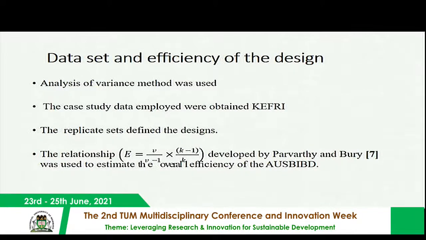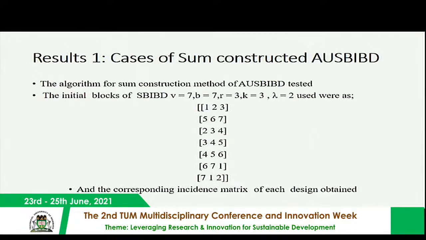Then we subjected this to an efficiency test by that equation, and also moved further to get the relative efficiency based on the analysis of variance tables that were generated and the degrees of freedom of those 3 designs, design 1, design 2, and design 3.